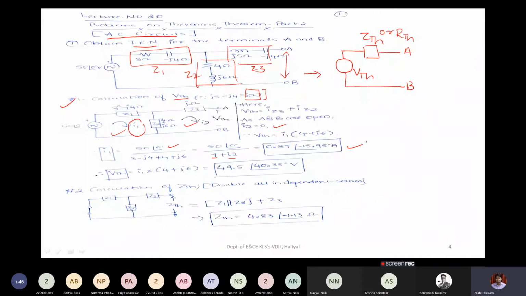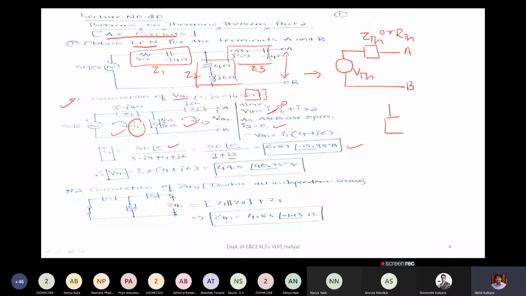But what is VTH? VTH is nothing but the voltage from the combination of current through Z2 and Z3. In Z3, I2 will flow, so this term will be 0. What is the total current flowing in Z2?